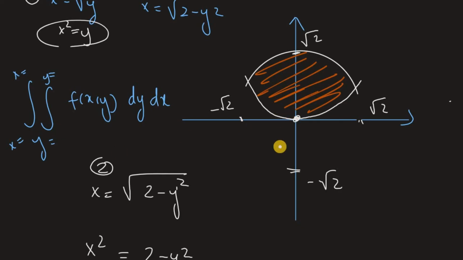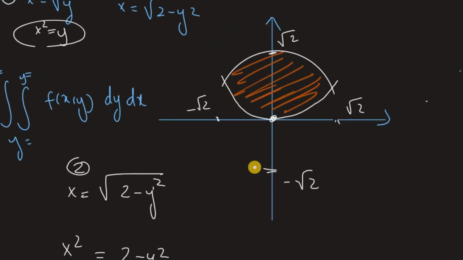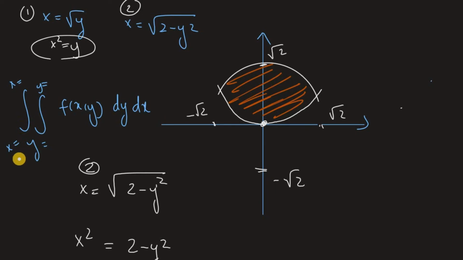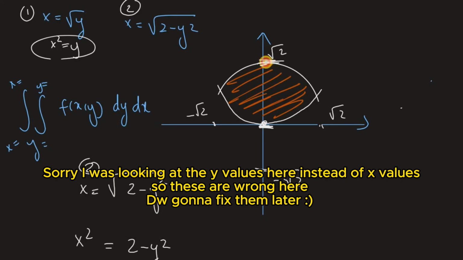So for x we know that it has to be a constant. You're only going to look at the values of x where the region belongs. So the region goes from 0 to square root of 2, the lower bound is 0 and the upper bound is square root of 2. So these are your values for x. So it goes from 0 to square root of 2.